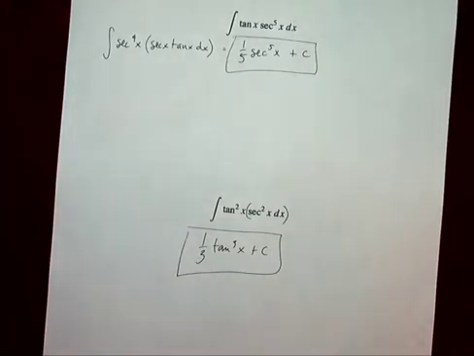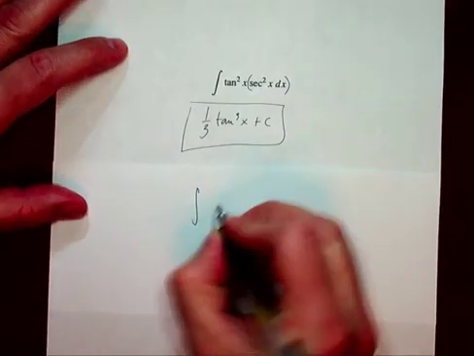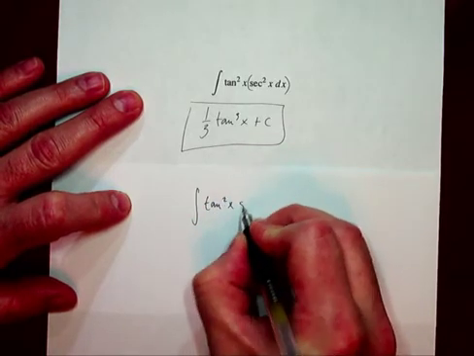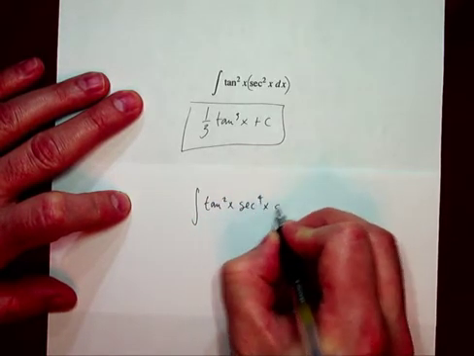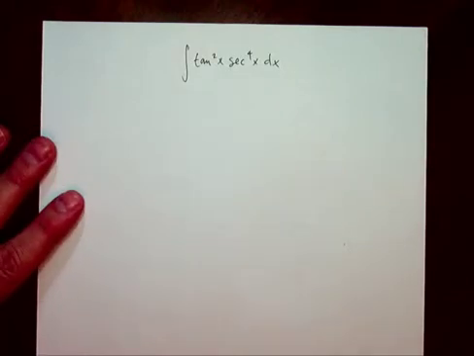If you had been given, alternatively, let's say that you were given tangent squared x and then secant to the 4th x dx, what would you do then?